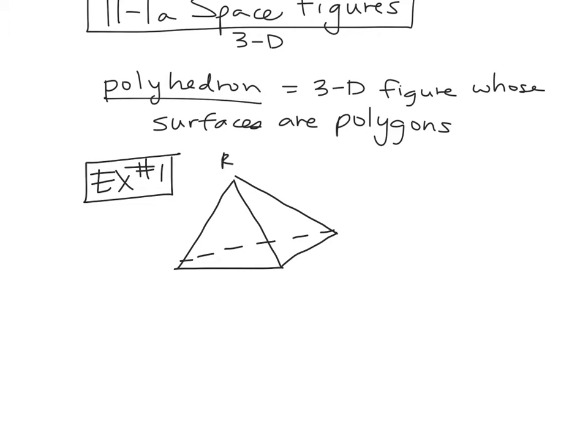This is R, U, T, and S. We're going to talk about faces and edges. Actually, scratch that. We're going to do vertices next because then it'll be in the order that you're going to see them in.